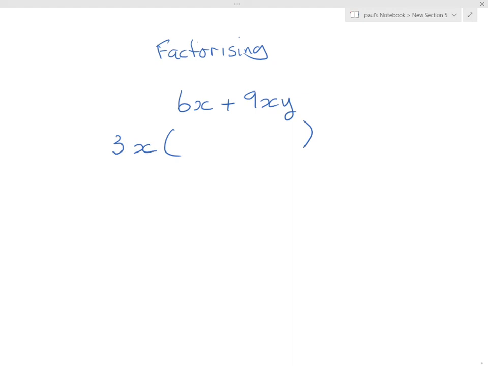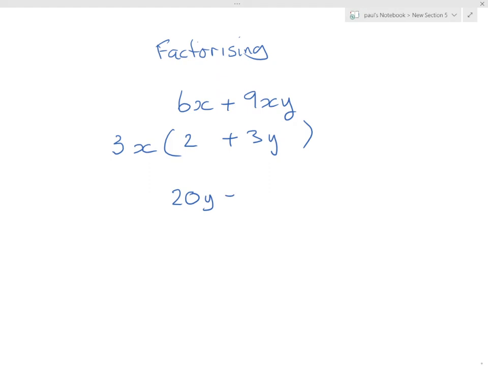So what we do is 6x divided by 3x is simply 2. 3x times 2 is 6x. Put the plus sign in there. 3 times 3 is 9. We don't need an x because we've got one there, but we do need a y. So 3x times 3y is 9xy.